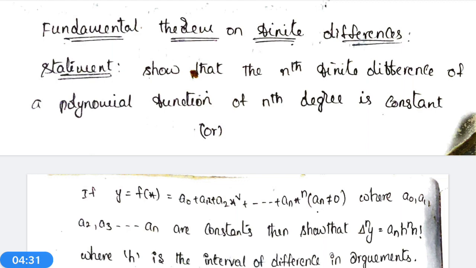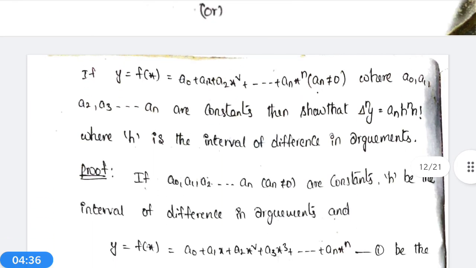In other words, if f(x) is equal to a0 plus a1x plus a2x square plus etc. plus a(n-1) x power n minus 1 plus an x power n, an not equal to 0, is an nth degree polynomial function having argument x, and x having interval of difference h, then delta power n f(x), that is if y is equal to f(x), then delta power n y, is equal to an into h power n into n factorial, where h is the interval of difference in the argument.